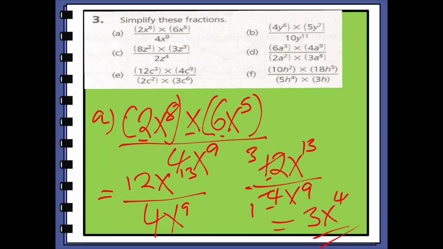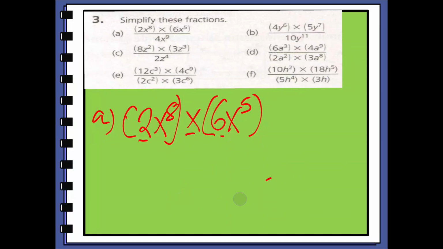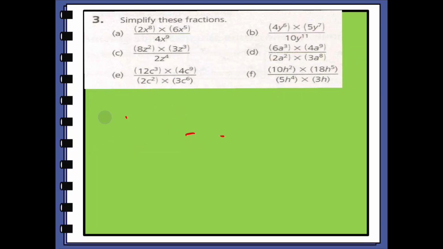Then D, we're going to go through D quickly. We go through D, then we see which ones you can get correct.